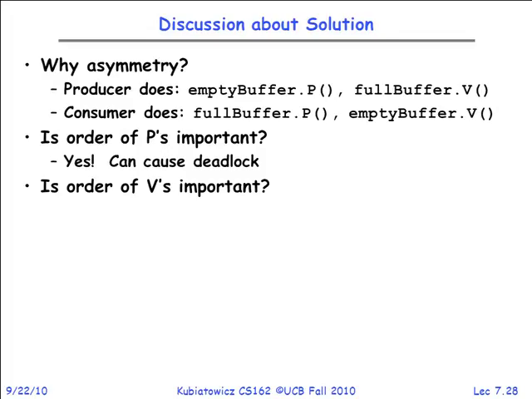So you're worried about a performance problem. Yeah, so the order of the V's doesn't matter from a correctness standpoint. The worst that might happen is you wake somebody up who goes immediately to sleep, who wakes up again. Okay? And in fact, probably that won't even happen that way because you'll just execute the 2 V's in rapid succession, and then one of them will put somebody on a ready queue and they'll run later. So the V's don't matter. It might affect scheduling efficiency.